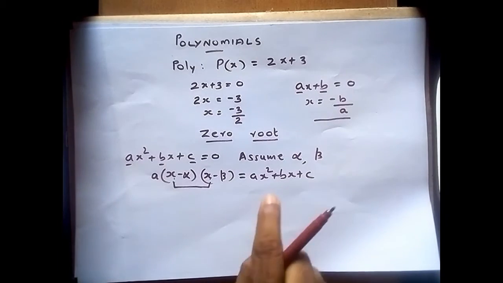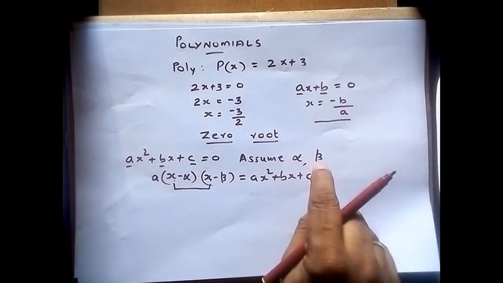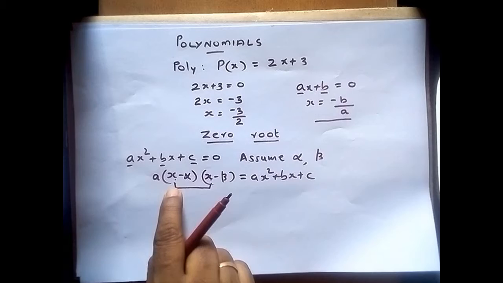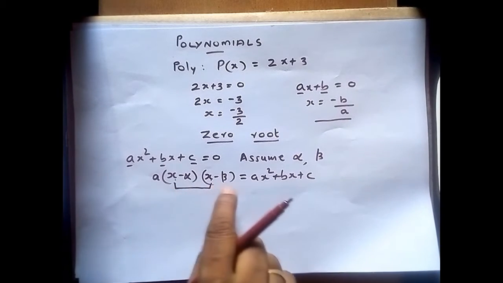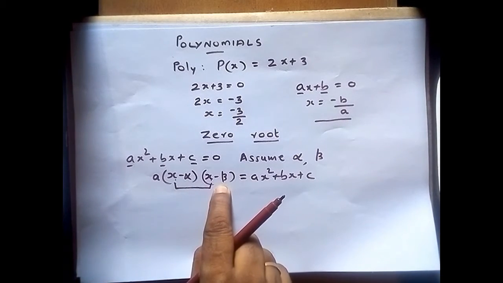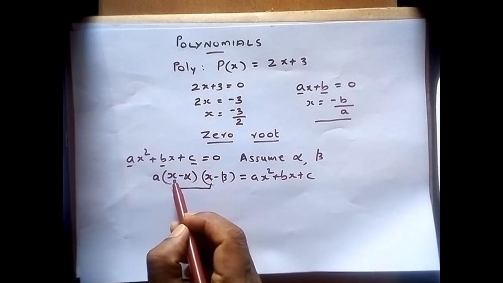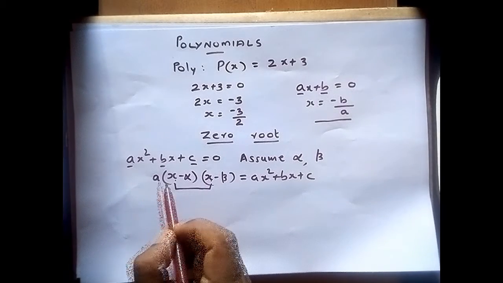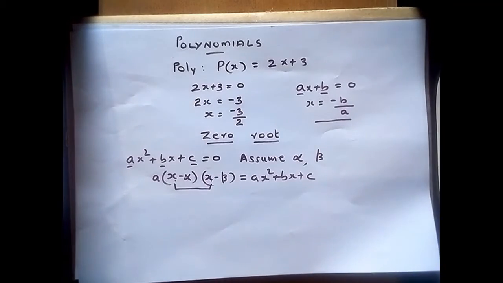So ax square plus bx plus c is the original polynomial, and we assume that alpha and beta are the roots. Since alpha and beta are the roots, x minus alpha and x minus beta will be factors. When we multiply these two factors, we get x square, but here it is ax square, so a also we will have to multiply to equate to this polynomial. Okay, up to that clear.